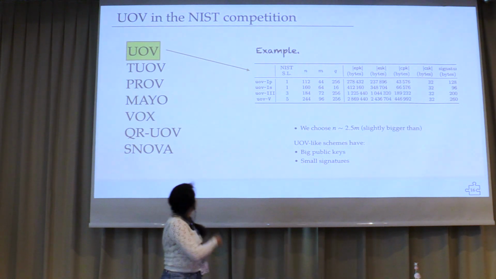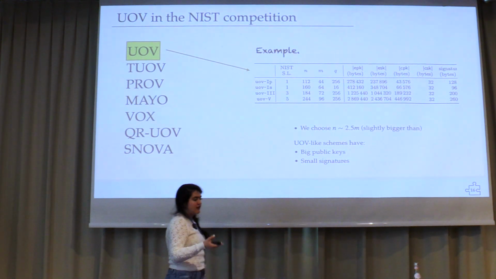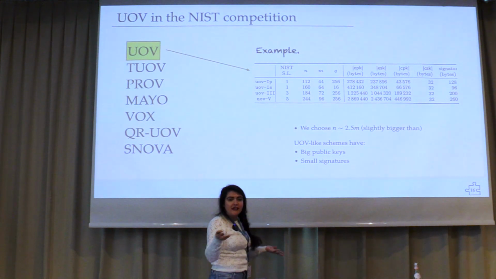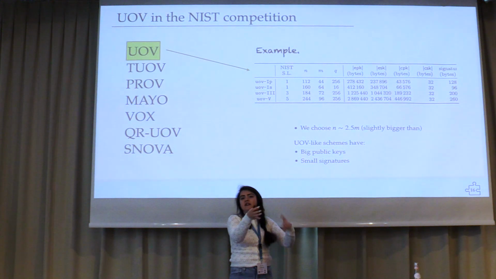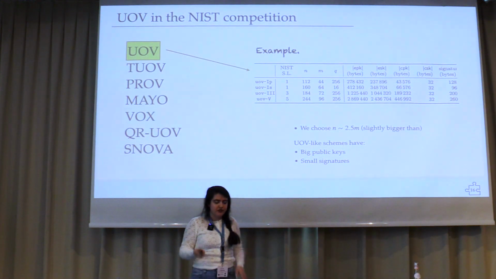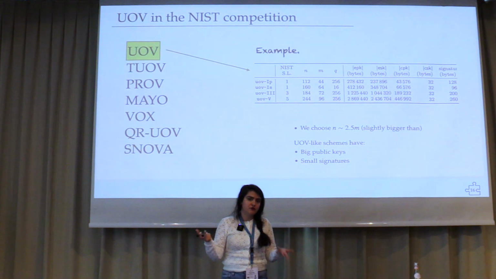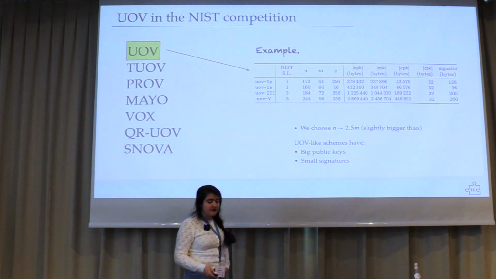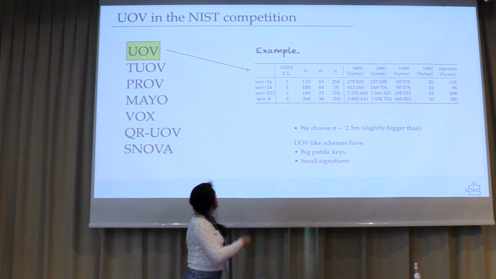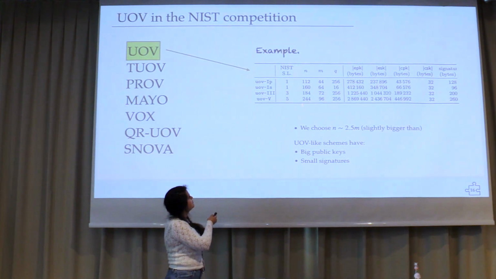And people are trying. Of course, it's the everlasting battle of adding structure to your systems to make them more efficient. Whether this structure brings more cryptanalysis, you have to wait and see. We choose parameters here. N is the number of all variables, vinegar plus oil, and M is the number of equations, so also the number of oil variables.